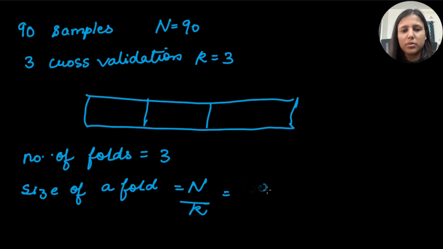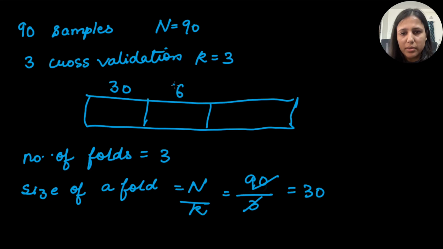Yeah, so this is 90 by 3, which is 30. So basically I'll have 30 samples here, 30 samples here, 30 samples here and 30 samples here.